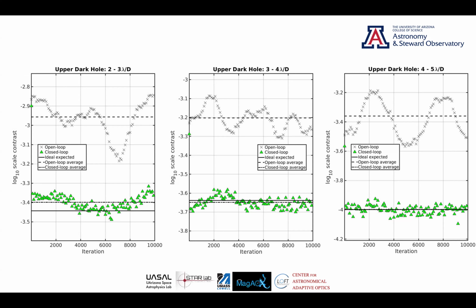You can see that this was the open loop, just the aberration, the contrast we were going to have if we did nothing about it. And then you can see the green triangles, our LDFC contrast. We were able to come back down to the contrast floor that we were expecting. That was the best we could do on the telescope with that vAPP.